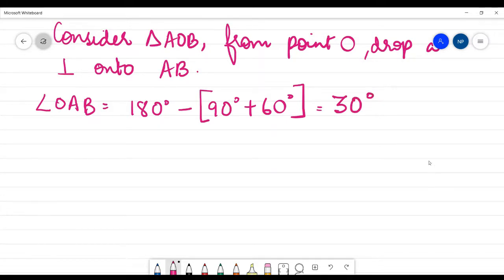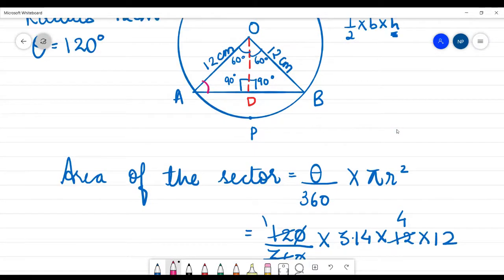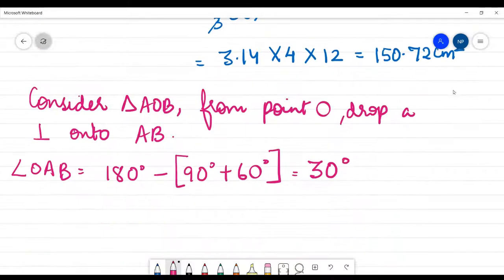Now, over here, the angle that we have found is 30 degree, right? 60, 90 and 30. So now we are going to take over here cos 30 degree. We will write cos 30 degree is equal to AD upon OA.